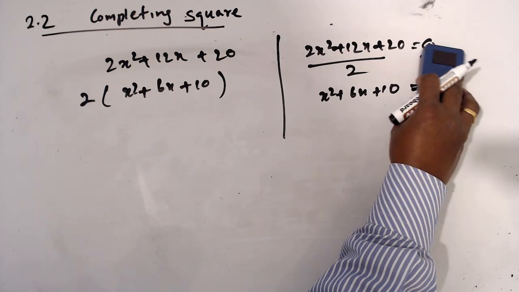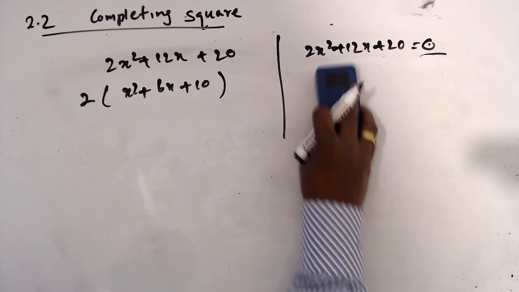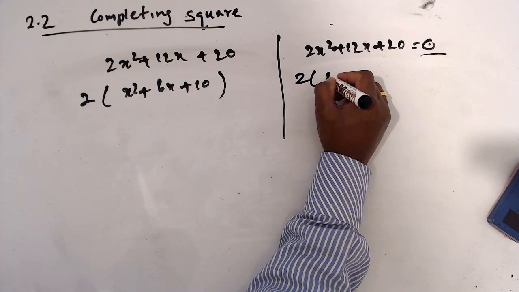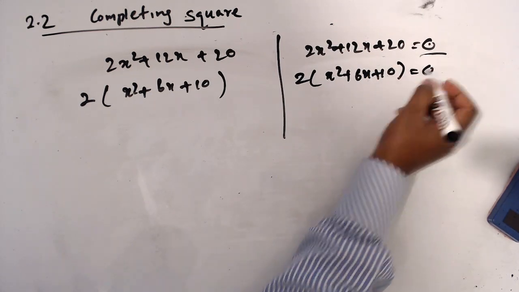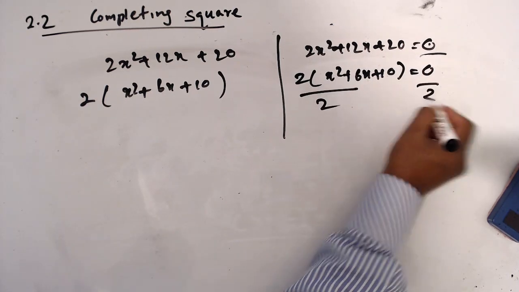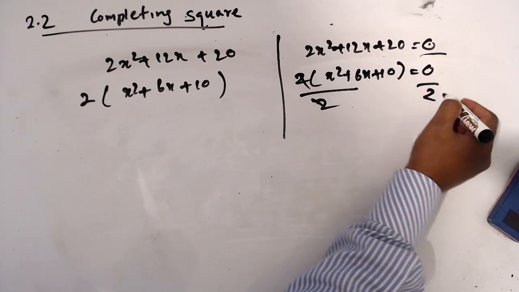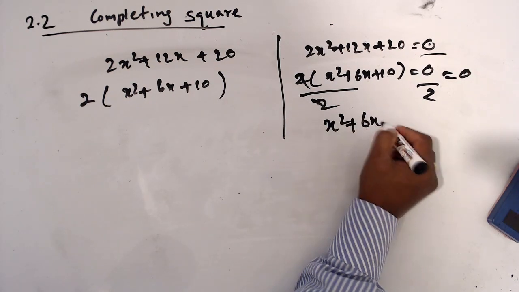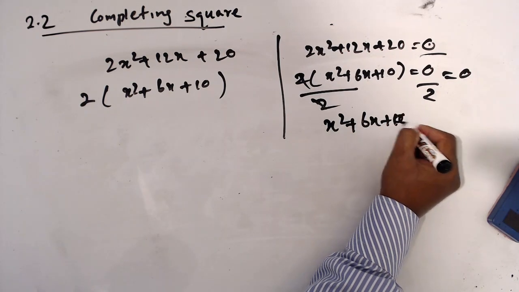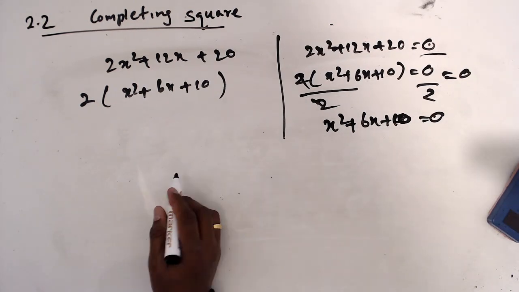Also, if you want, you can take 2 out and divide: 2 times (x square plus 6x plus 10) equals 0, divided by 2. Cancel out, 0 divided by 2 is 0. So x square plus 6x plus 10 equals 0.